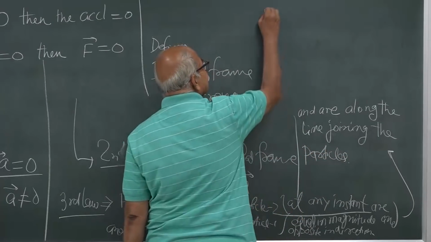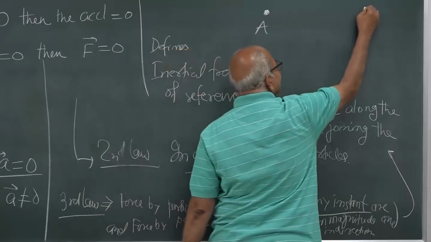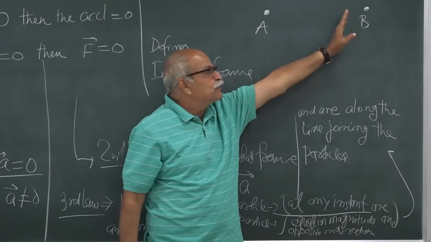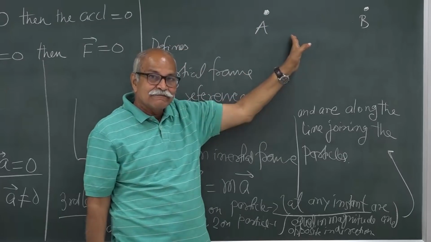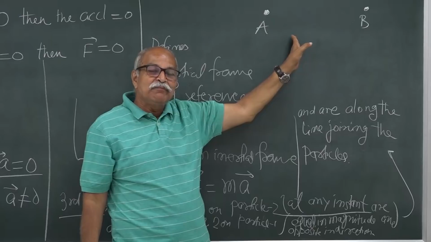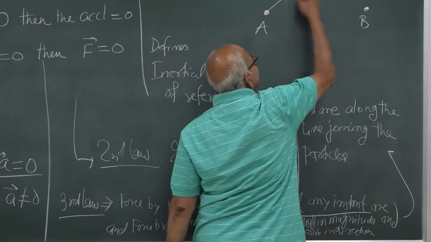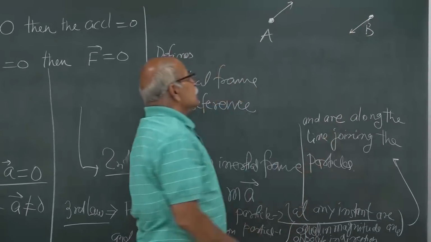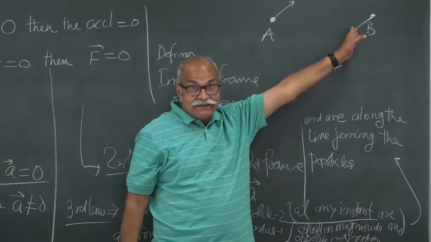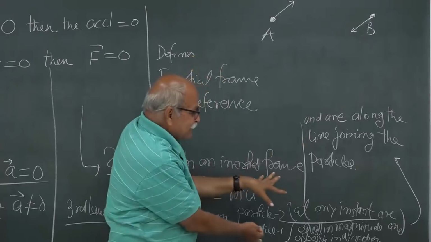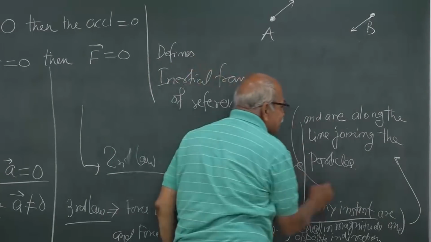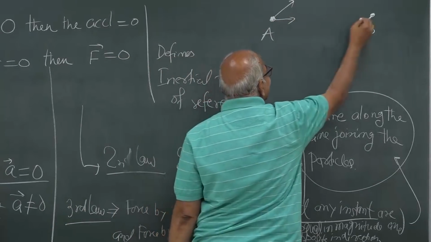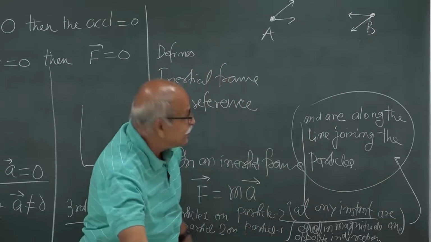If you have a particle A here and a particle B here, the force by A on B and the force by B on A at any given instant are equal in magnitude and opposite in direction, but that could have been this way, and that could have been this way. The directions are opposite and the magnitudes are equal, so this statement is satisfied. But the other part which you can add is that the forces are along the line joining these two particles.